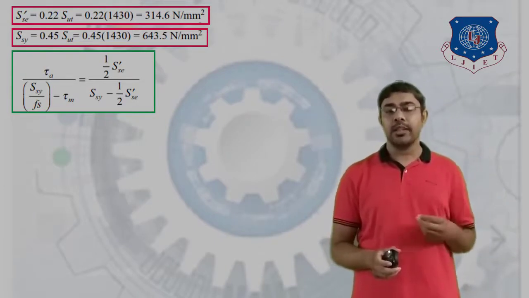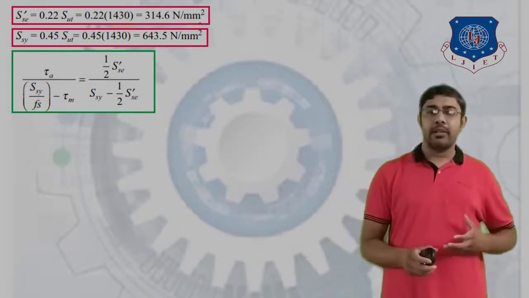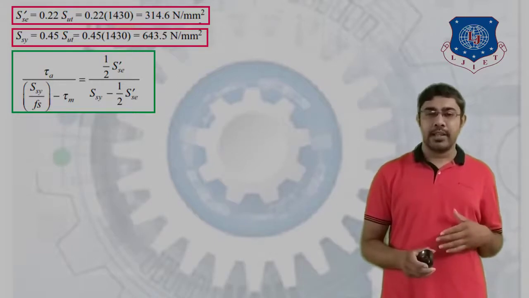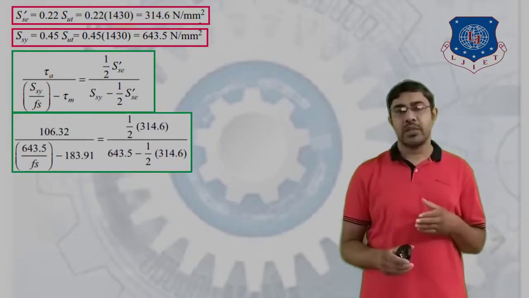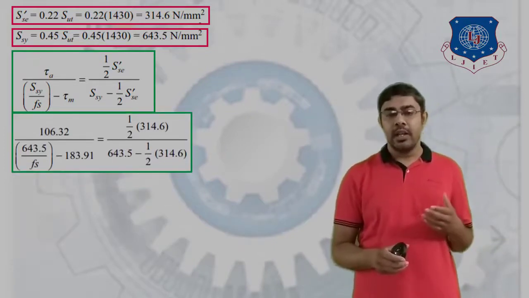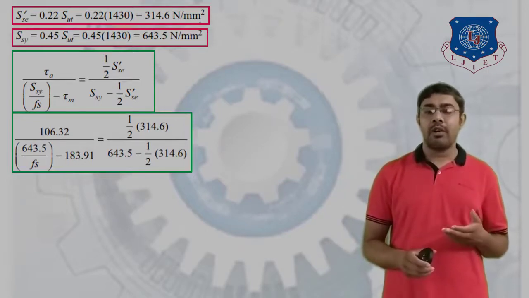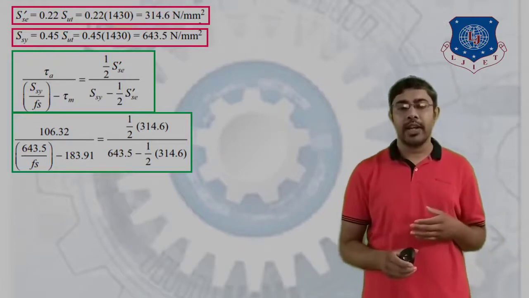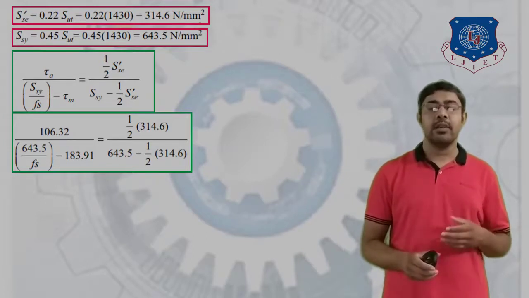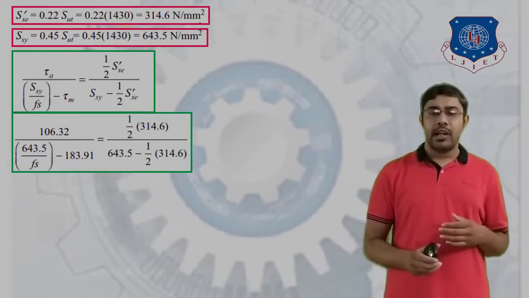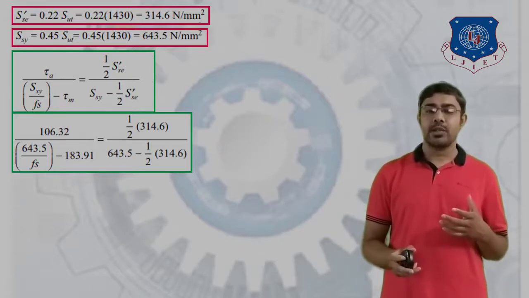So the only unknown in this equation is the factor of safety, and our aim is to calculate the factor of safety in this particular design. So we place all these values: tau A is equal to 106.32, SSY is equal to 643.5, tau m is equal to 183.91, and S dash AC is equal to 314.6.